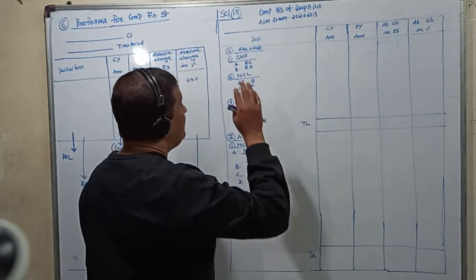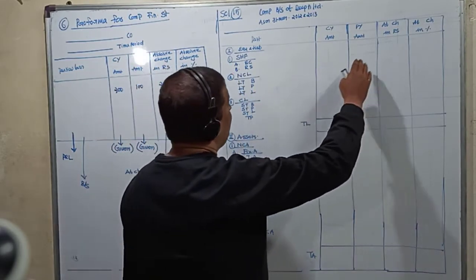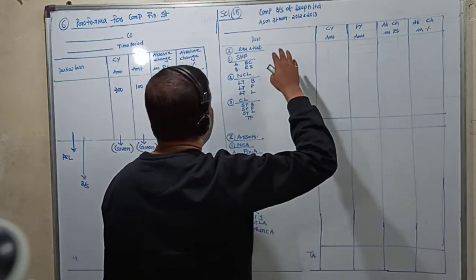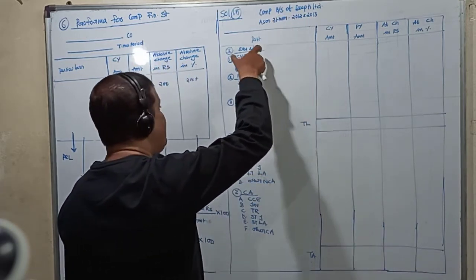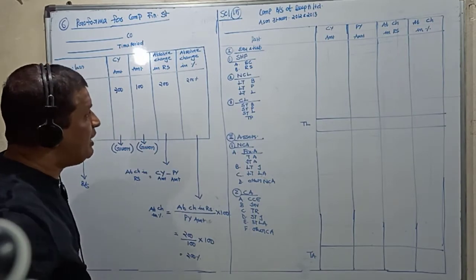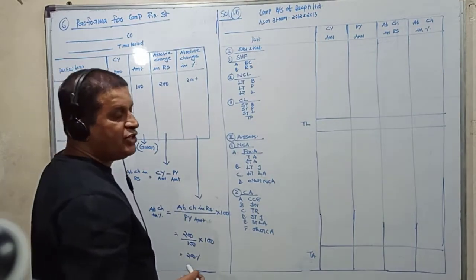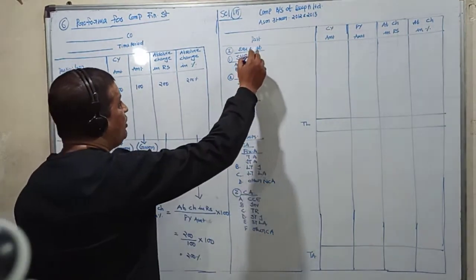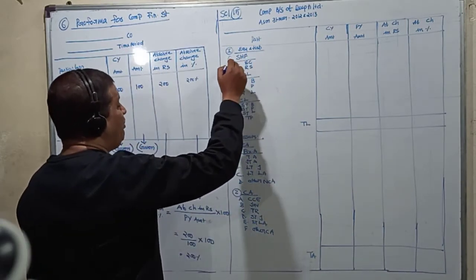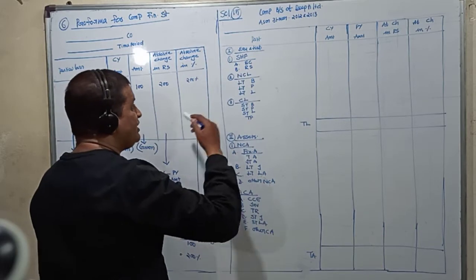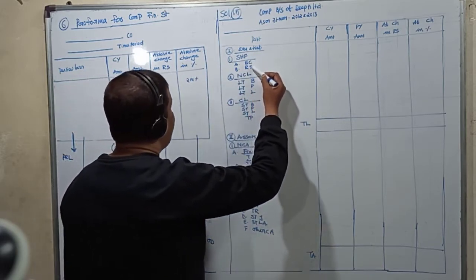Now we said this pro forma has particulars followed by 4 amount columns. Because it is a comparative balance sheet, in the particulars column we take the pro forma of the balance sheet. Pro forma balance sheet has 2 parts: equity and liability, and assets. Equity and liability: main head shareholders' fund, under that subheads share capital, reserves and surplus.